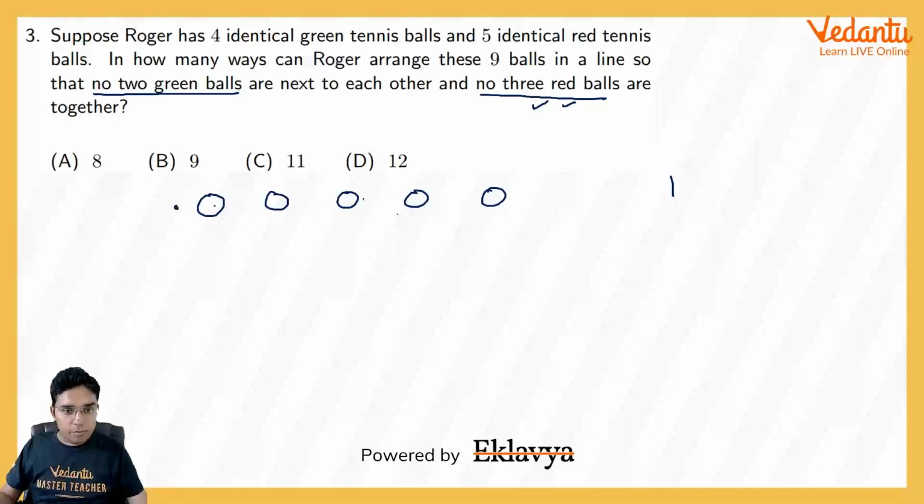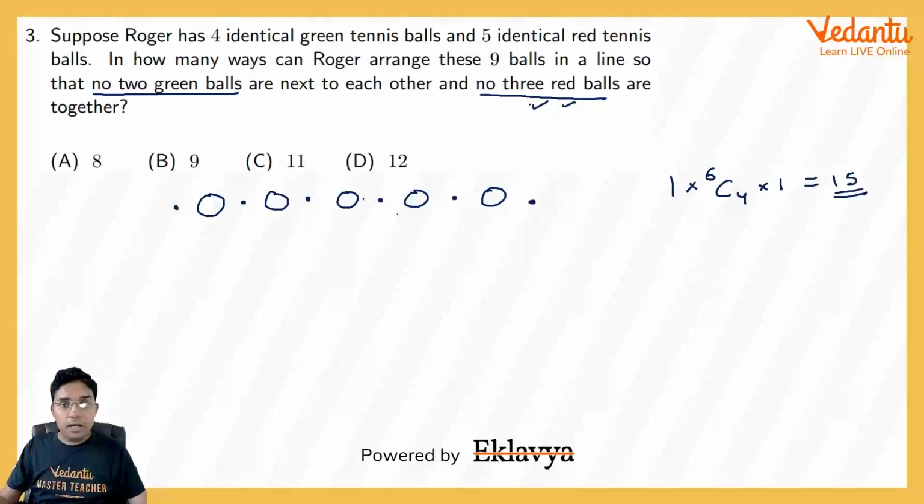For that we will be finding 6 gaps between these 5 red tennis balls: 1 2 3 4 5 6, 4 in between and 1 on the left, 1 on the right. So among these 6 gaps we have to choose 4, and there we will be putting the 4 identical green tennis balls in just one way. So that is just 15.